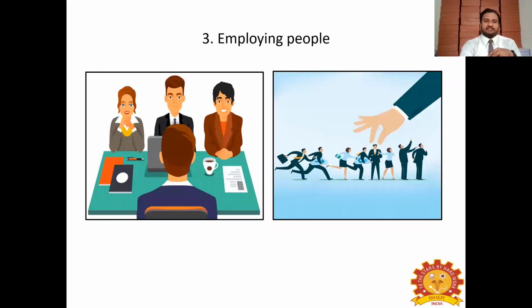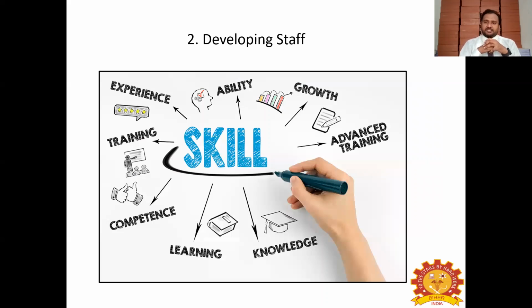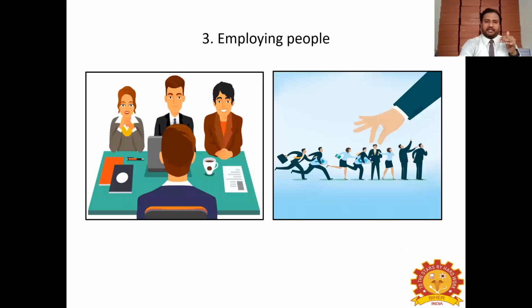And the second one is employing people, right? Once you are employing them, that means you are employing them for a particular position and in a particular posting, because any organization will have different departments: transport department, finance department, and administrative departments, etc. So you may hire people for any of these departments in any of the roles.